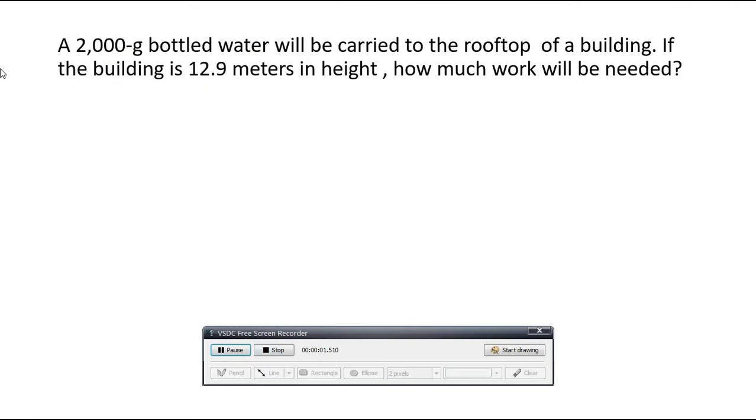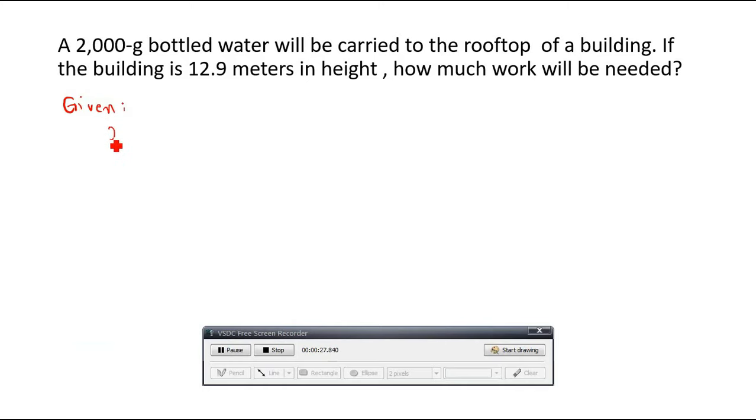For our next problem, a 2,000 gram bottled water will be carried to the rooftop of a building. If the building is 12.9 meters in height, how much work will be needed? Okay, so we're going to solve for the work again. First, write the given values.